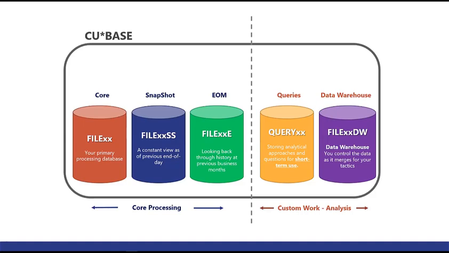But know that this purple pillar, the data warehouse, is just another one of these data storage locations in CU Base that, functionally speaking, is the same. We can store the same types of tables, the same types of data right there in that data warehouse. Again, from multiple sources, from outside the core. This is the only one out of these 5 pillars that can receive data from outside the core in any format that is received by you.